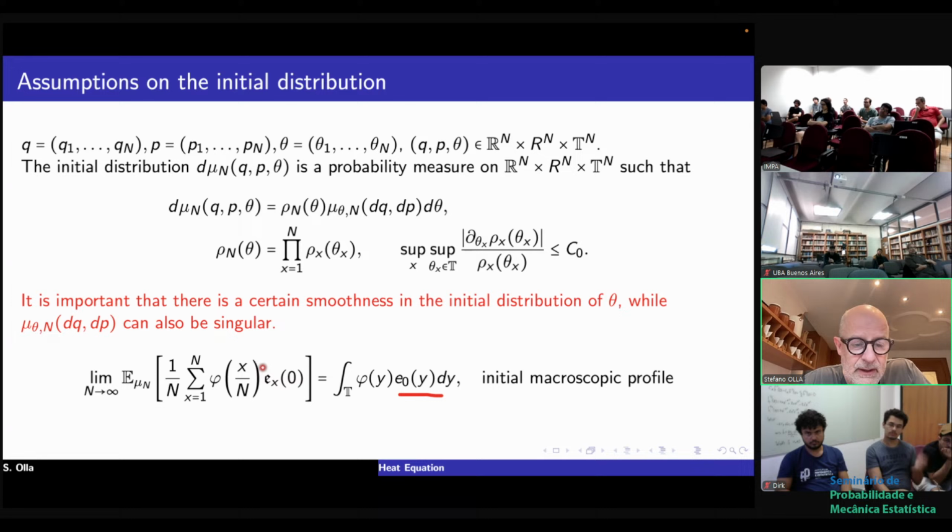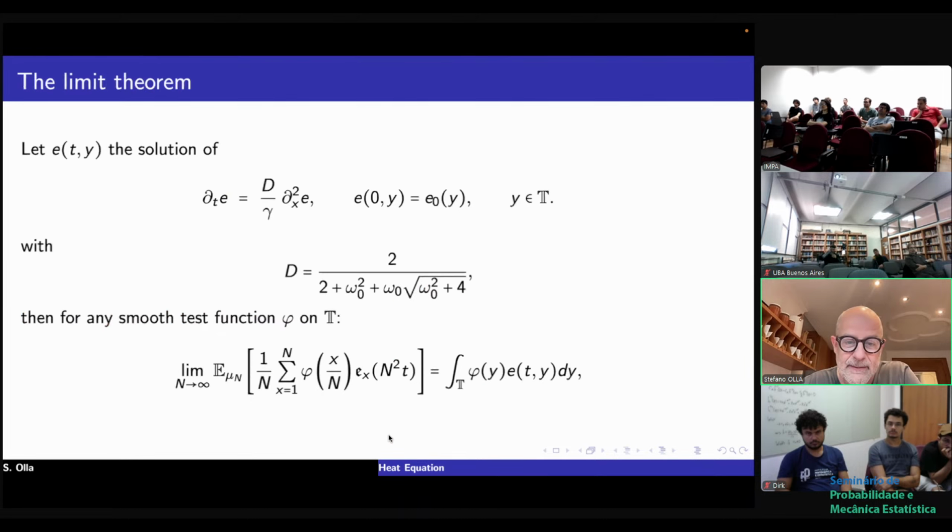And here you are just taking local averages with some test function phi on the circle. T is just the circle [0,1]. So we have the system of n particles, and the position is x divided by n in the lattice system. So phi(x/n) is between 0 and 1, and this is the law of large numbers you look at.